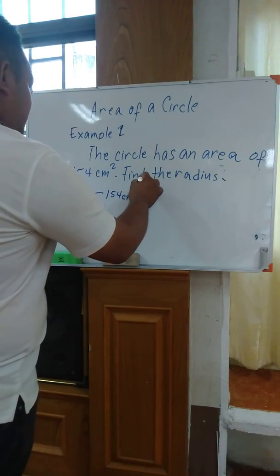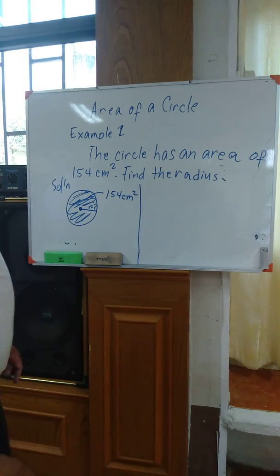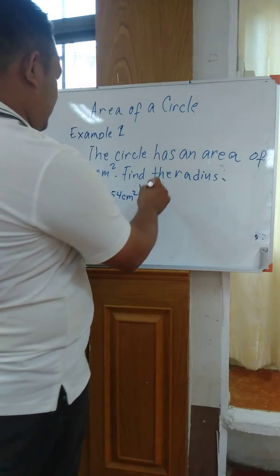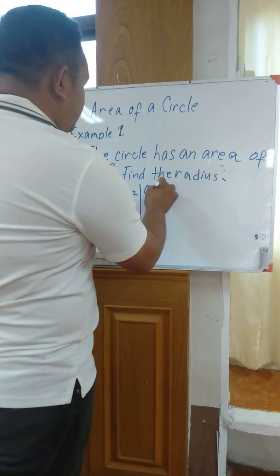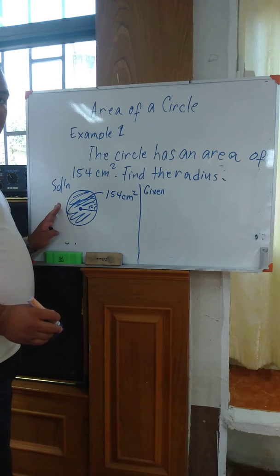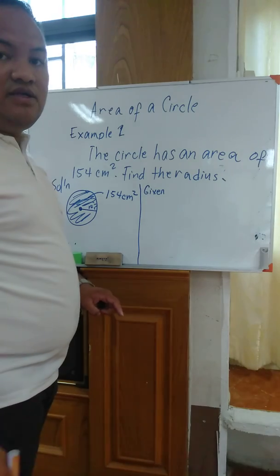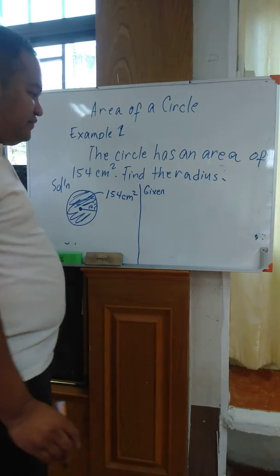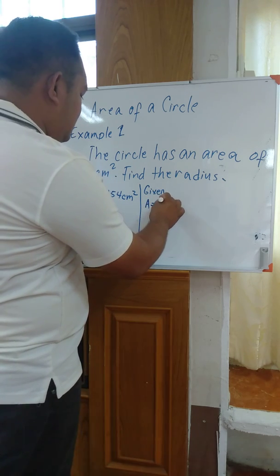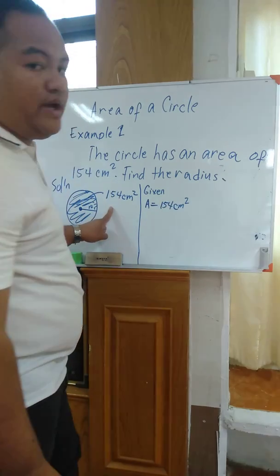So after you draw the illustration of a circle, you have to find the given. So we could easily find the given based on the illustration. So let's remember again the components of our formula in finding the area of a circle. We have the area, 154 centimeters squared.